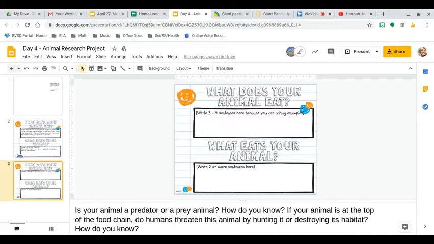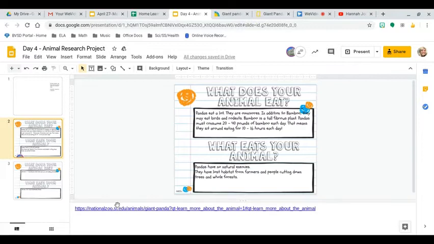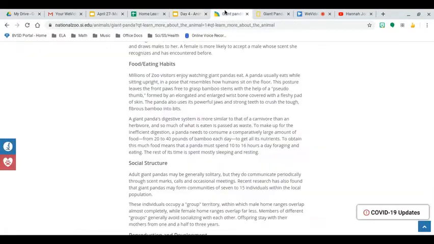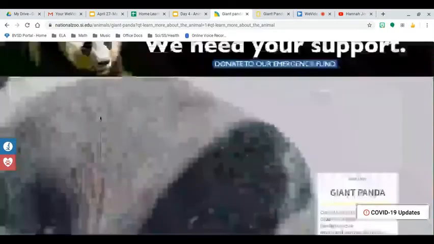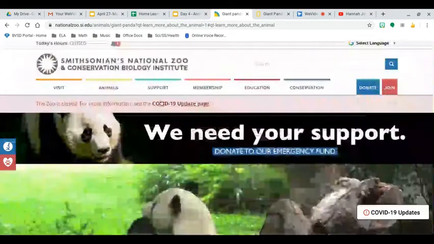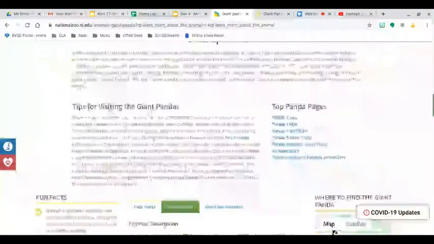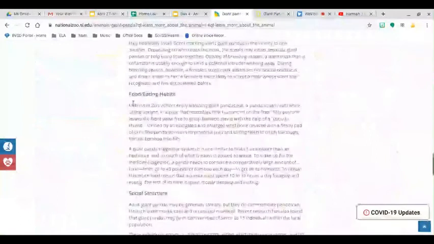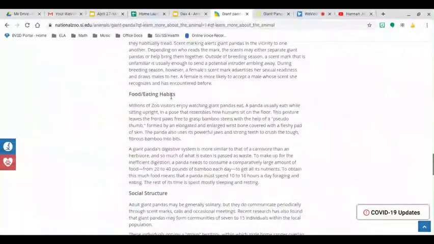So let's check out my examples. I got all of my information from this website, which I've already pulled up. It's the Smithsonian National Zoo and Conservation Biology Institute website. I've been using it a lot. And I made sure to look for the subtitle that says food and eating habits.